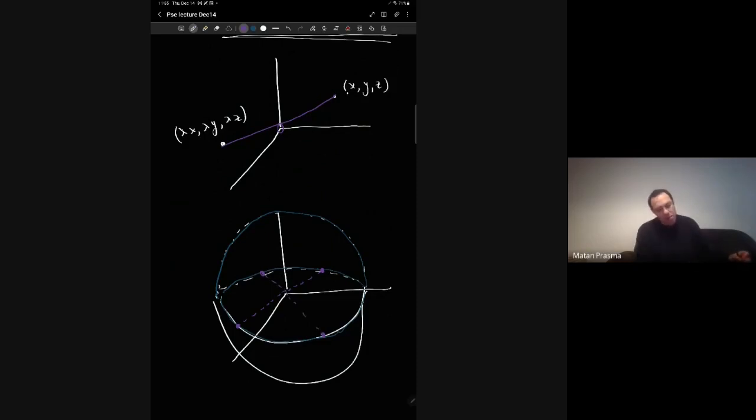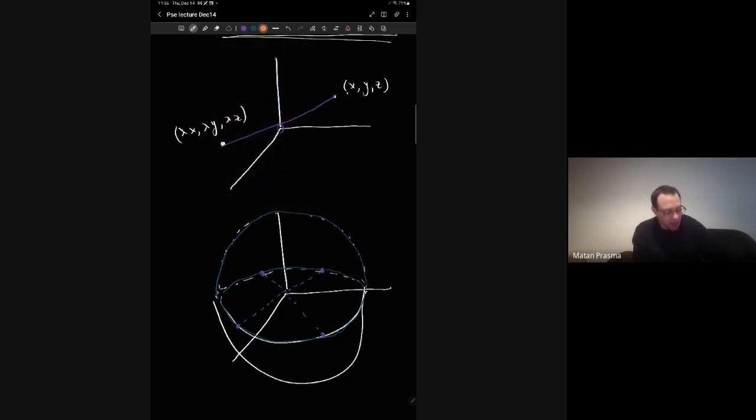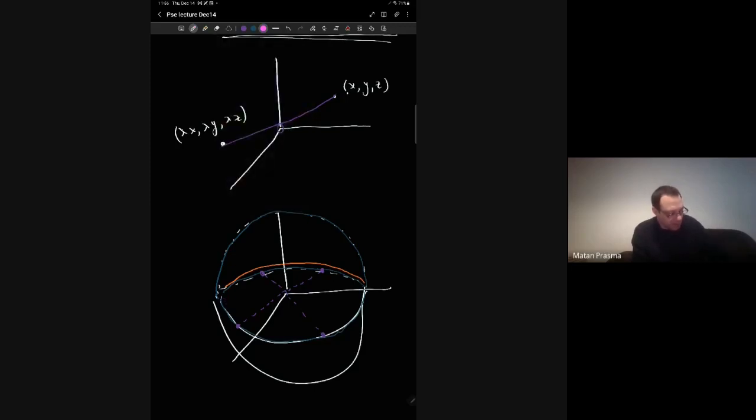Okay, so again, you take the upper half of the sphere and you glue, let's say, the red line to the pink line.